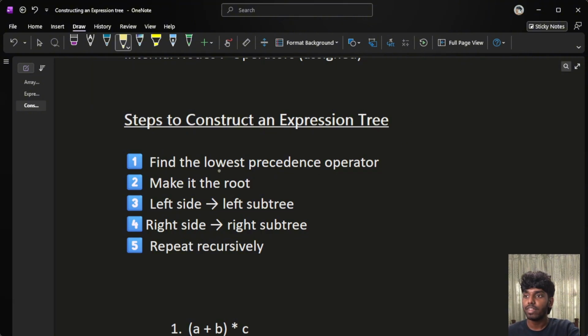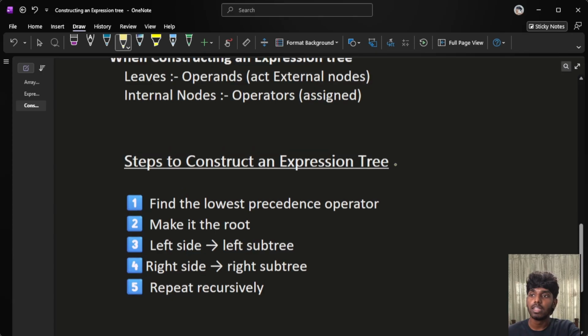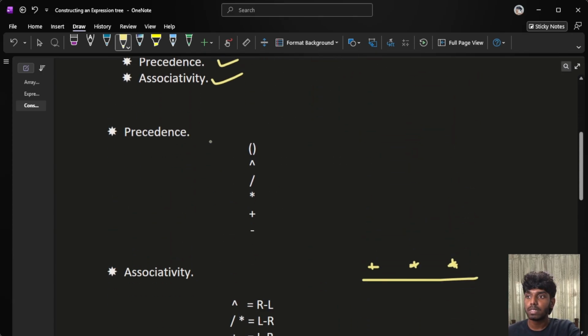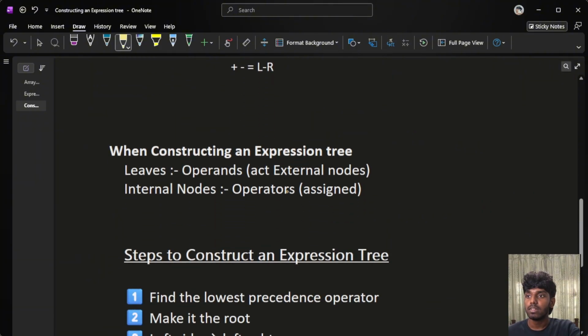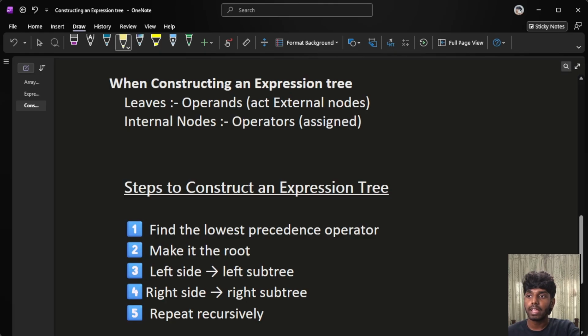First of all, we have to find the lowest precedence operator. According to this precedence chart, we have to find the lowest precedence operator, and then make it the root, which means the lowest precedence operator becomes the root of the tree. Then the expression is split into two parts.